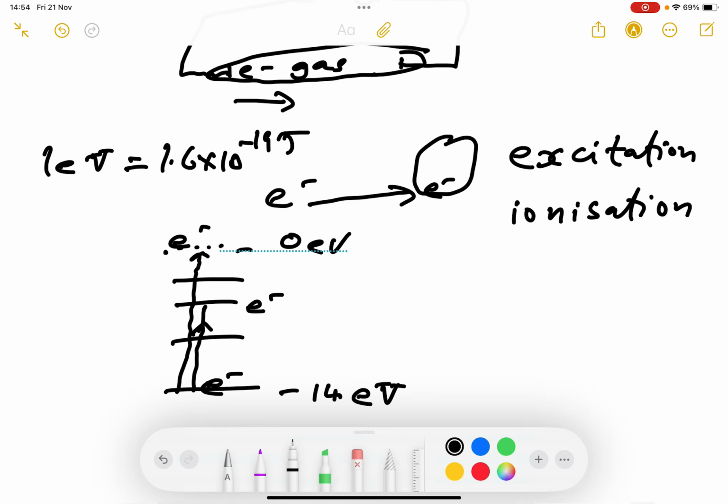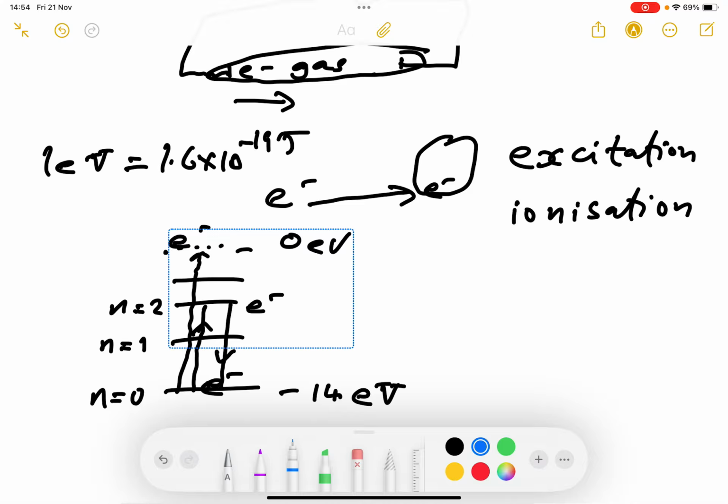If an excitation occurs, that's an unstable situation. So our electron will want to return to the ground level, the n equals 0 state, which is the only place where it's stable.